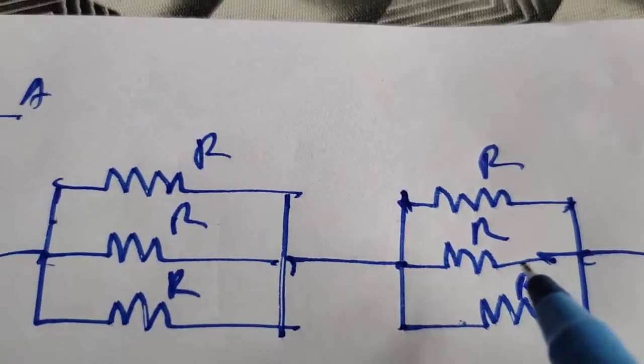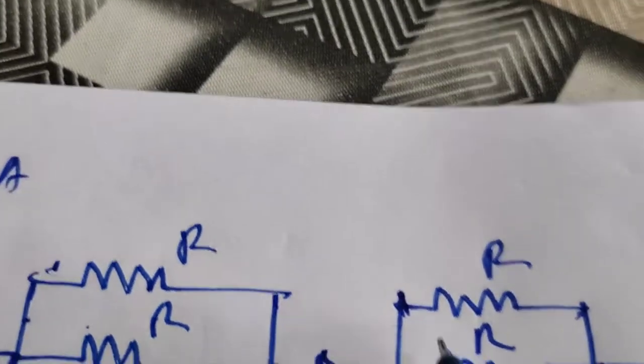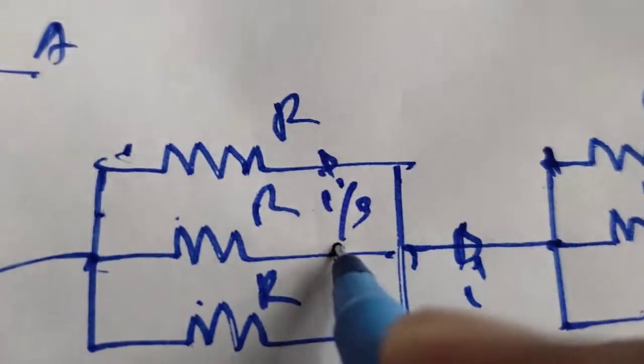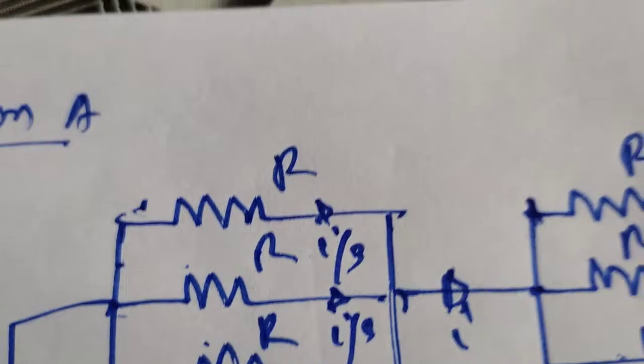Each is R. Now the current is divided: I will divide into I by 3, I by 3, I by 3. Again I comes here, again divides into I by 3, I by 3, I by 3. Here also I by 3, I by 3, I by 3. I hope you understood.